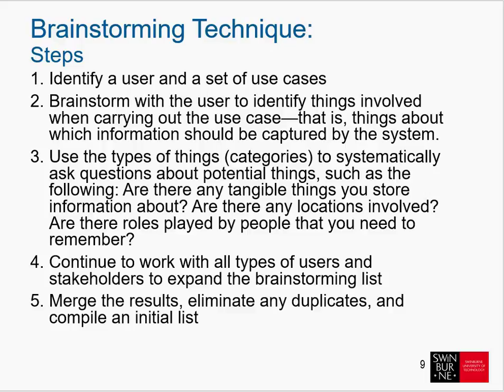Then use the types of things or the categories that I have listed in the earlier diagram to systematically ask questions about potential things, such as: are there any tangible things you store information about? Are there any locations involved? Are there any roles played by people that the system needs to remember? Likewise, you can ask various types of questions related to the things that you have recorded, and then continue working with all types of users and stakeholders to expand and brainstorm the list that you have created.